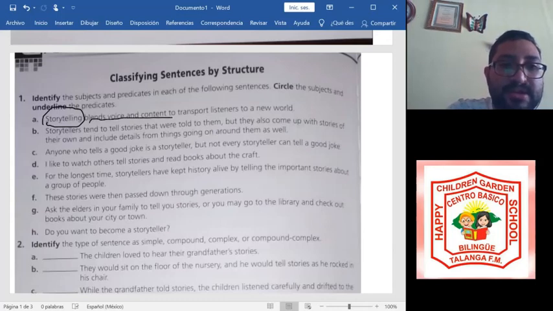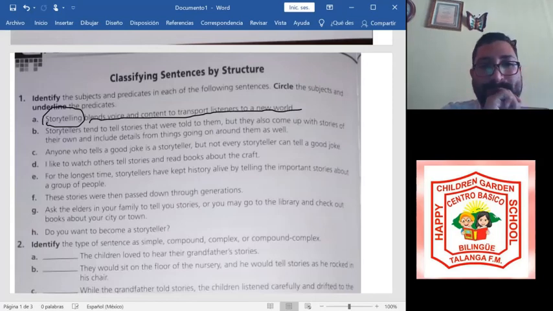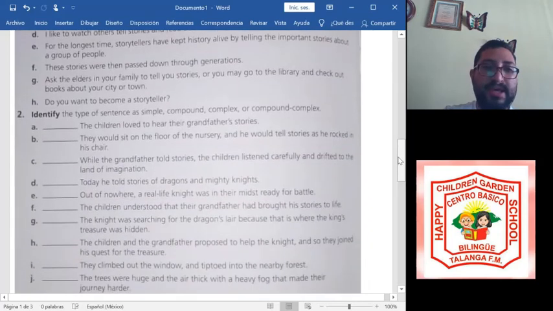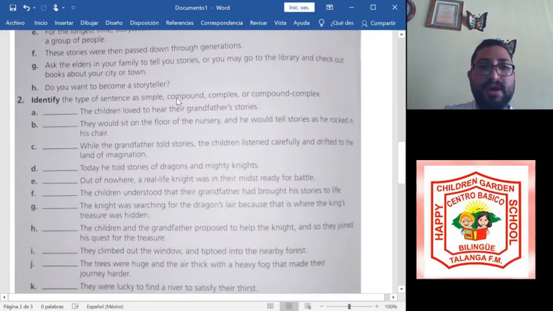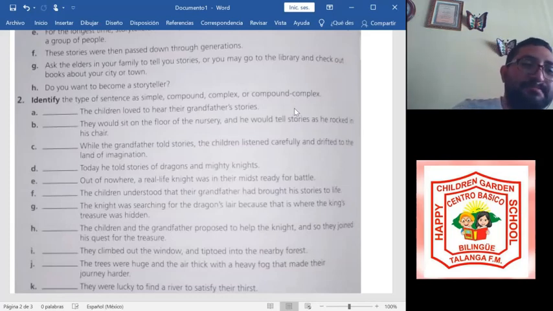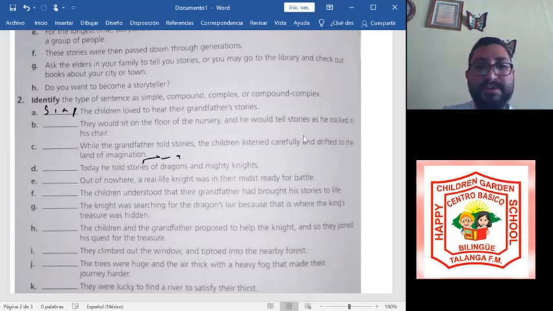Blends voice and content to transport listeners to a new world. Okay? So we're going to keep with the sentence like that. Then we identify. We're going to put simple, compound, complex, or compound complex here. We're going to hear: their children love to hear their grandfather's stories. So this is a simple. We're going to write simple over there.